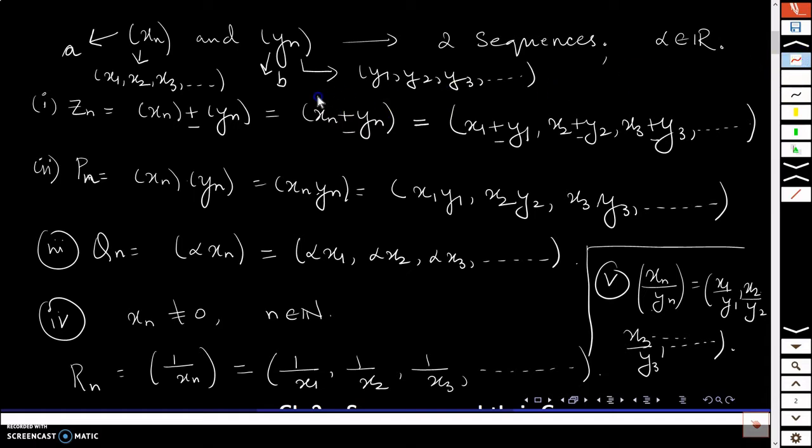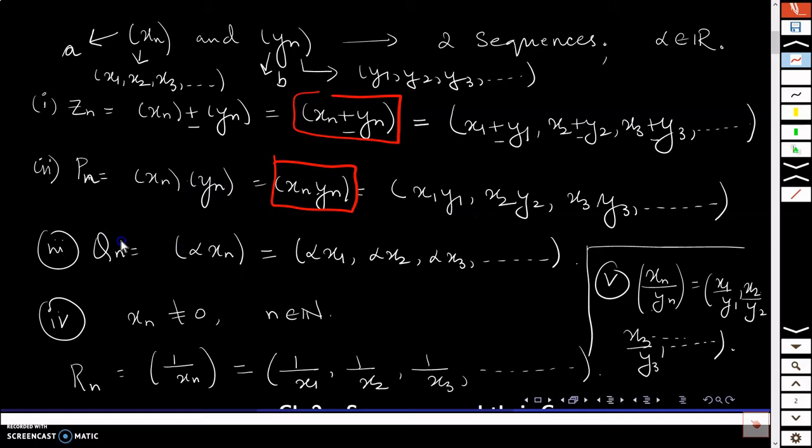Where should the sequence xn plus yn converge if xn is converging to a and yn is converging to b? Second thing, where will the product of these two sequences converge, xn and yn?